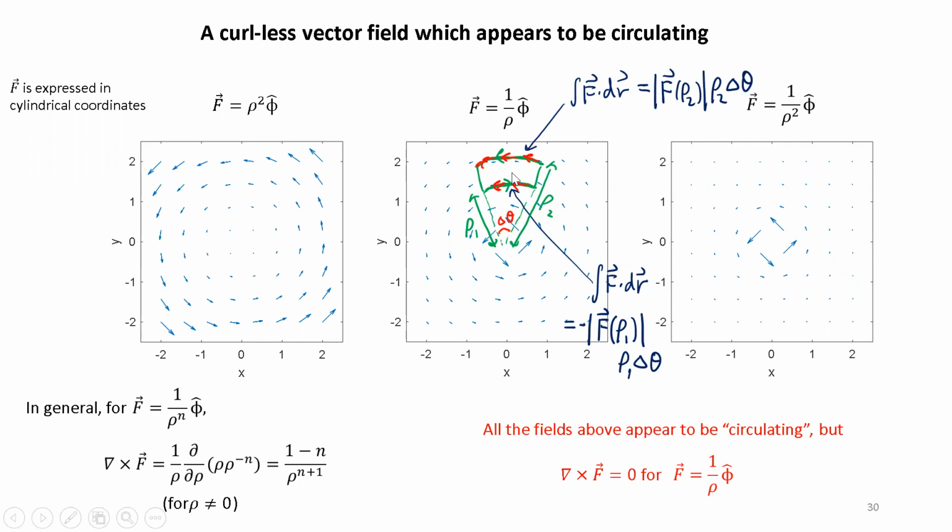Now, if you want the curl to be 0, that means I need to have the F dot dr around the closed loop be 0.